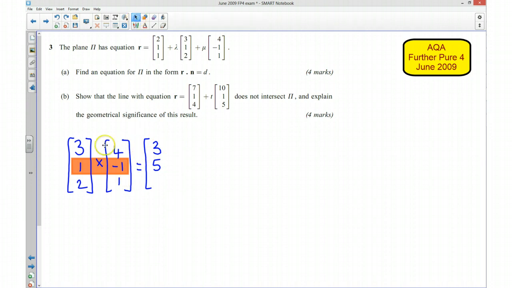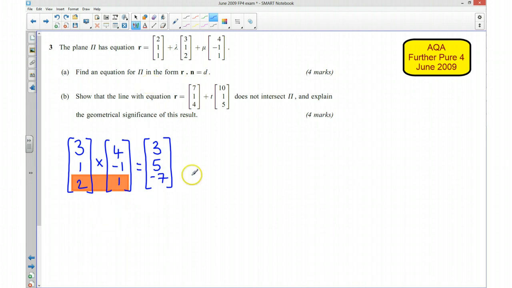And finally, we're going to do 3 times negative 1, which is negative 3, take away the 4, which gives us a negative 7. So this vector here is going to be our normal.